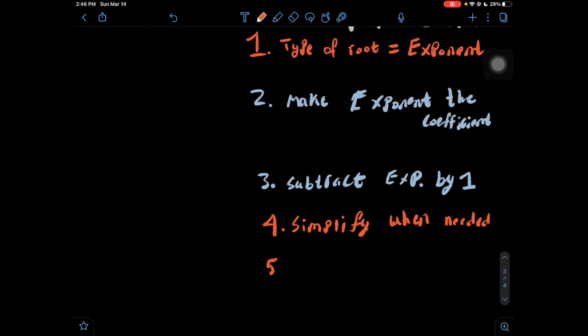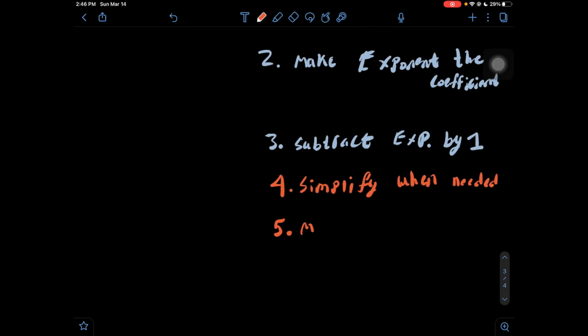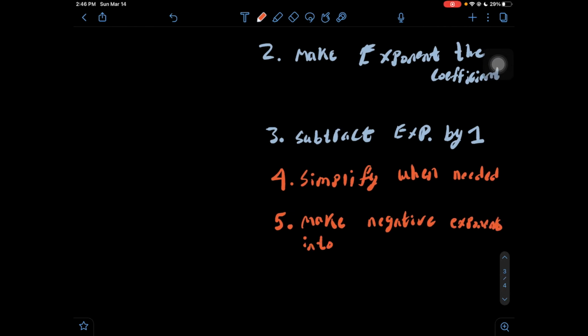And then the fifth step says make negative exponents into fractions.